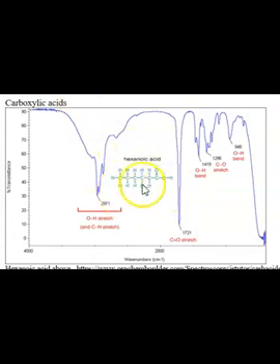And so here we just talked about how the characteristic functional group, like this carboxylic acid, that entire thing is called a functional group. But this C double bond O is also a functional group. And you could even argue that the C single bond O is a functional group. It's really just a characteristic arrangement of atoms.